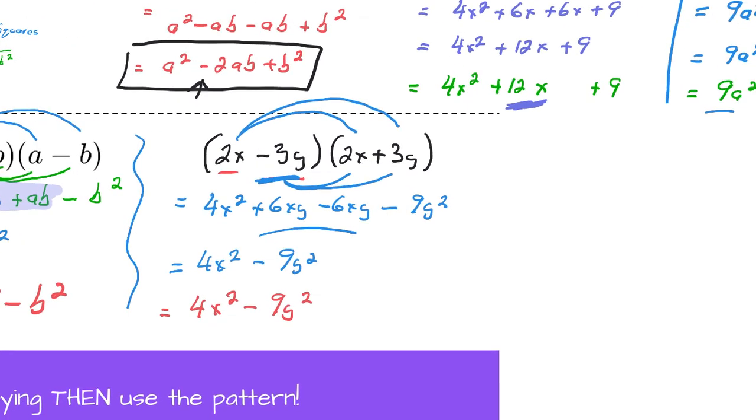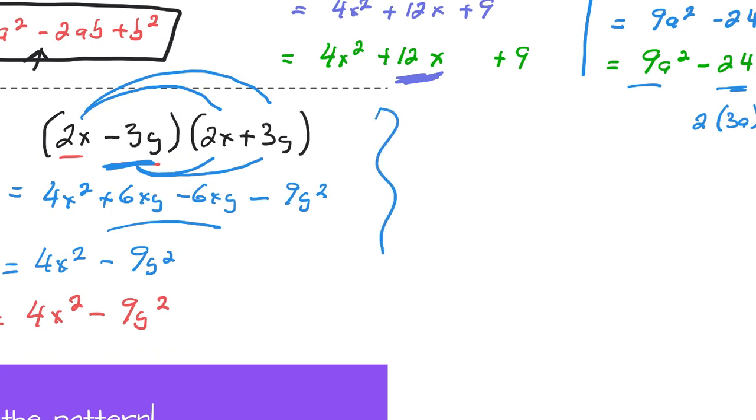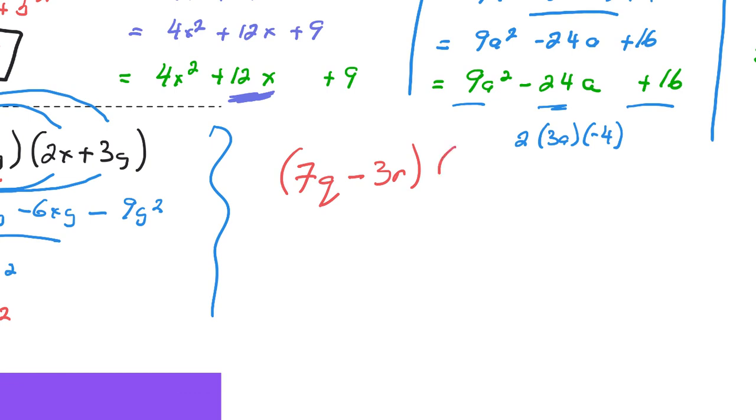I'll do one more example, see if you can get there before I tell you the answer. And so my example will be 7q minus 3r, and then 7q plus 3r.